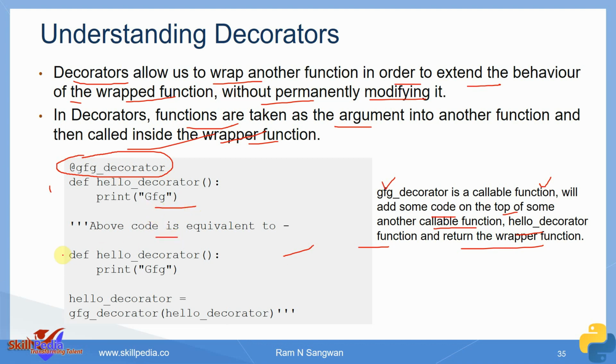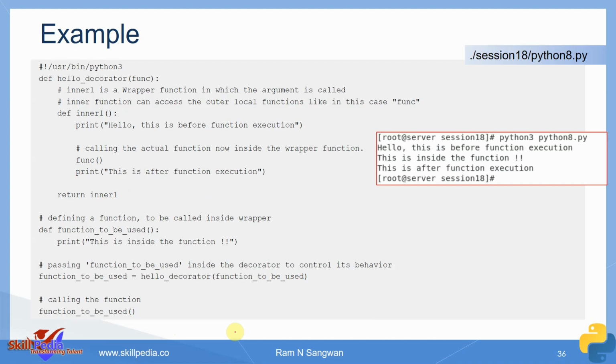The above code is equivalent to specifying that hello decorator equals GFG decorator, hello decorator. Let's understand the meaning of this with the help of one complete example that will make it absolutely clear. This is a Python 8 program in your source code.